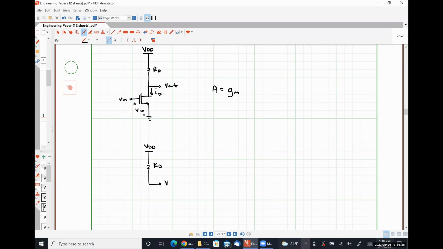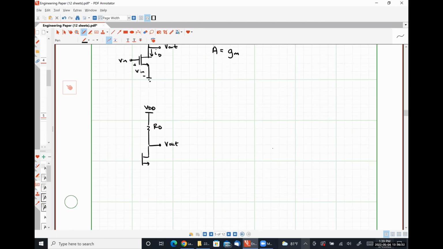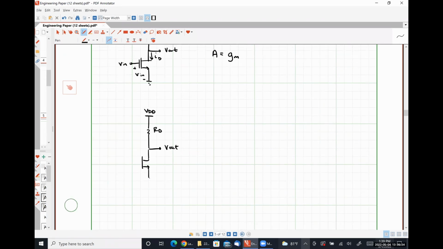We're going to take that output voltage, and here we have RS. And here we have our source. Let's walk our way through what happens here, okay?